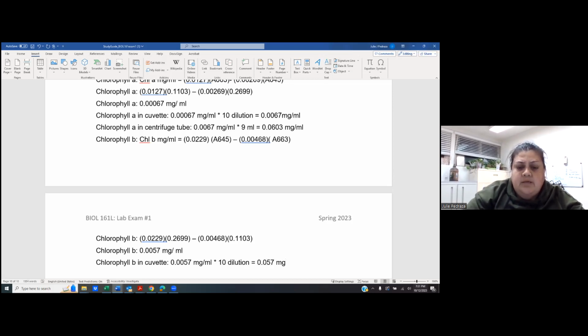Correct me if I'm wrong, please. And then we need to do the centrifuge tube.